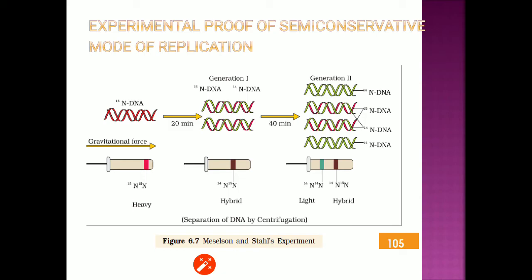In the first offspring generation, the parental strand gets separated and there will be a newly synthesized strand on each parental strand, and this is a hybrid DNA in which one strand is 15N and the other strand is 14N. In the first one, when we isolated the cells and ran them on the cesium chloride density gradient, we got a band towards the lower side.